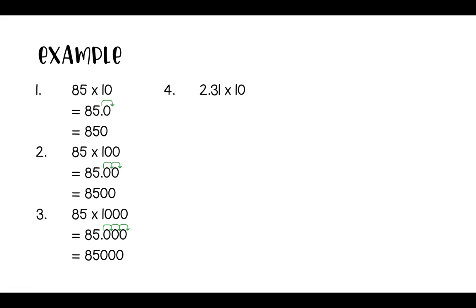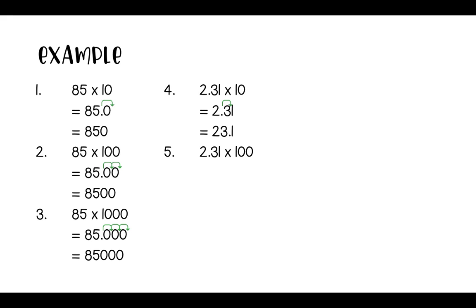Now, 2.31 times 10. So again, we're moving that decimal place one place to the right, and so we end up with 23.1. Now pause it and do the next two, this one and the one afterwards, and then come back.